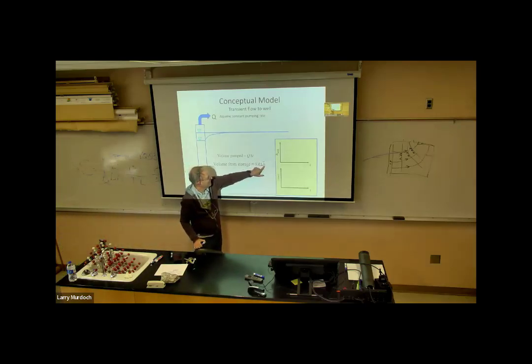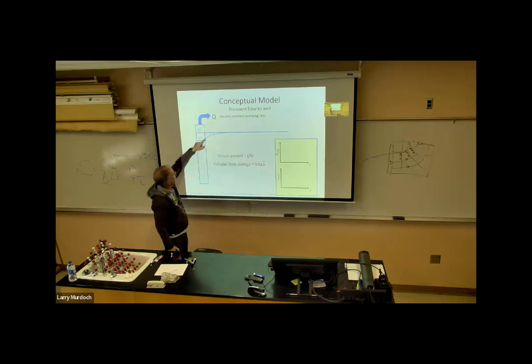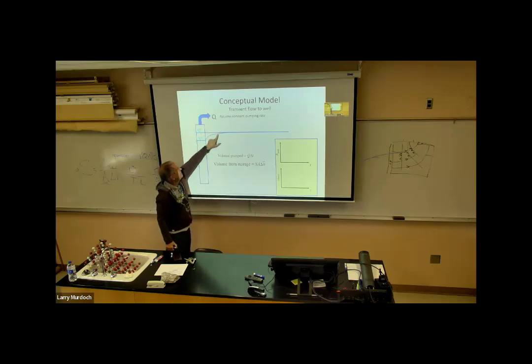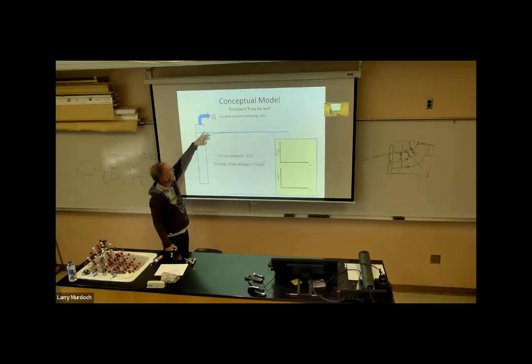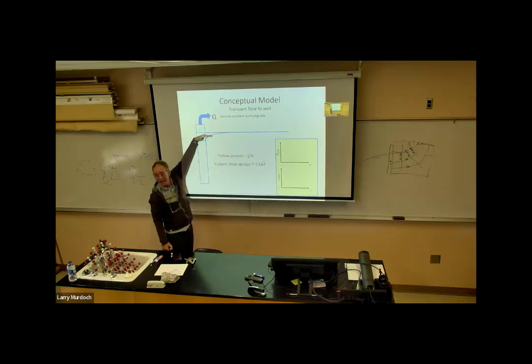Now that's delta H bar, so that's the average change in head. So here, this head has changed. The head change differs within the radius of influence. But if we went and averaged that out, it would be like that. That's the average head change.